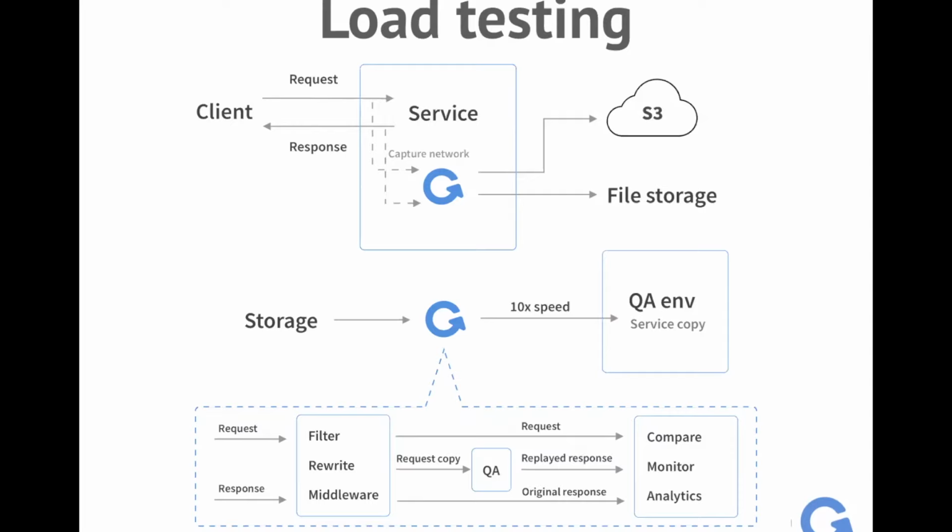So you can estimate how many resources you will need in advance. And all the middleware stuff is still working. You can save your data to AWS S3 or some file storage, or have a library of your traffic for the last week or similar.